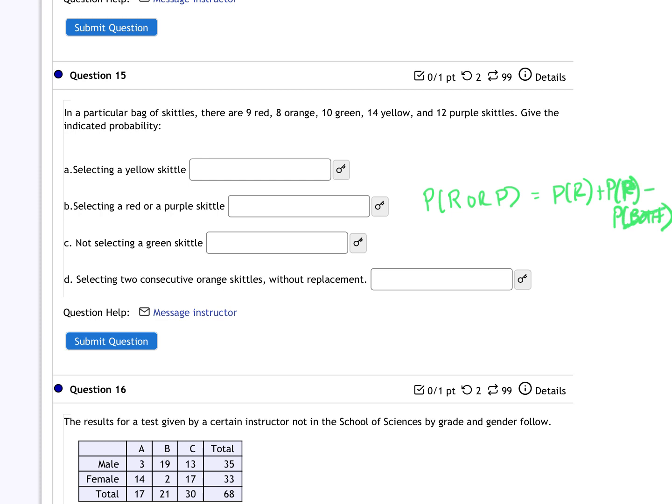So it's just the number. Red is 9, purple 12, total of 21, out of how many total? 9 plus 8 plus 10 plus 14 plus 12, 53. So 21 out of 53.